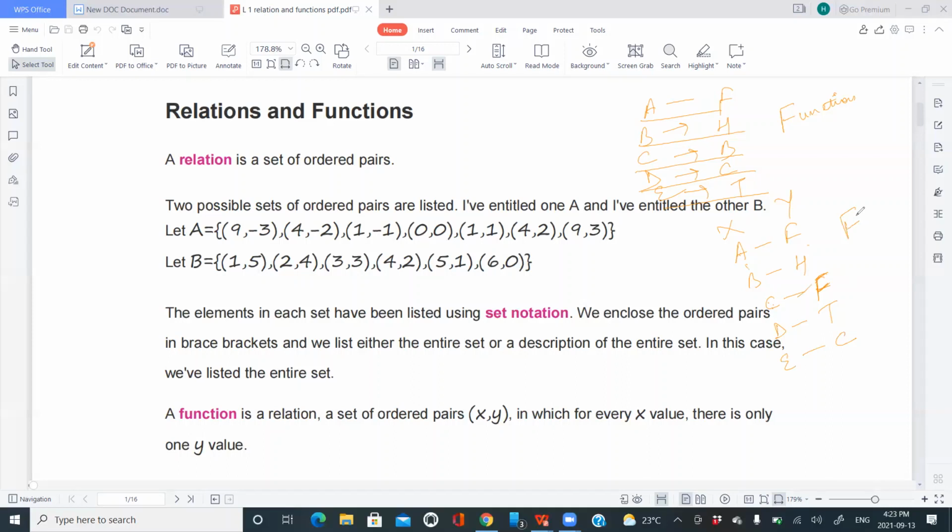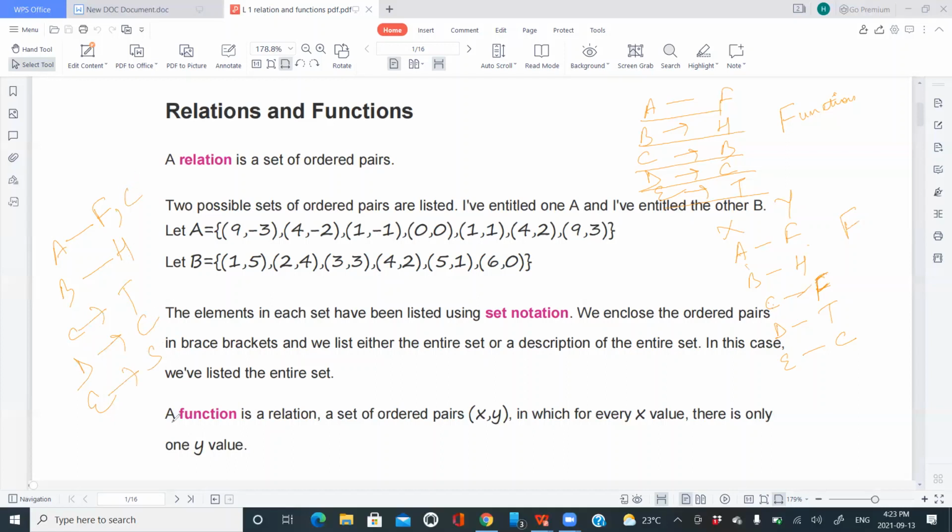But there should not be a case like this. Look, one example: A, B, C, D, E. Let's say A likes football, B likes hockey, and A also likes cricket. And C likes tennis, D likes cricket, and E likes soccer.